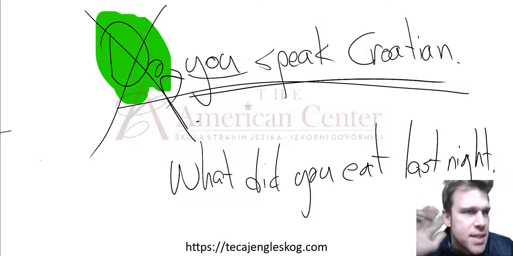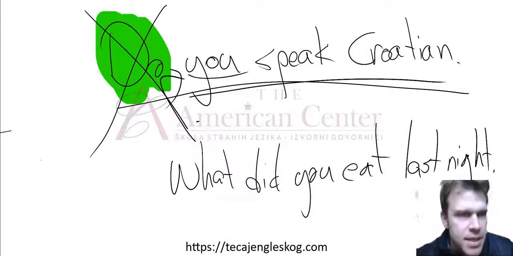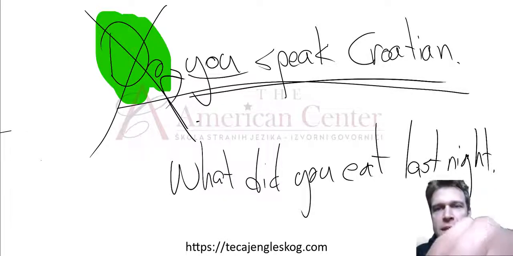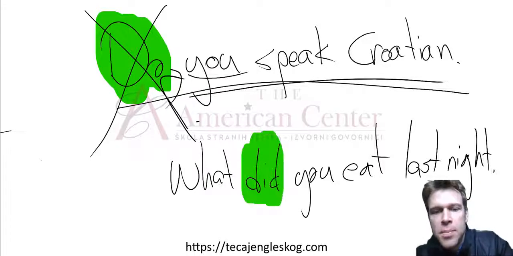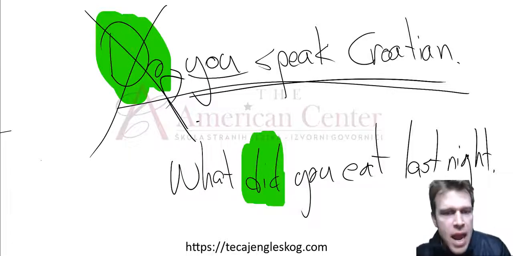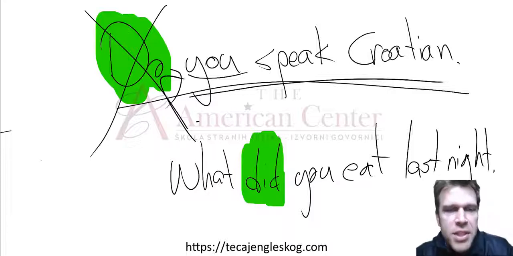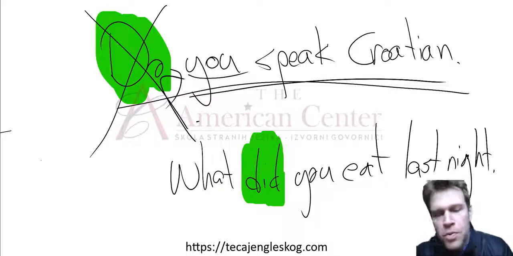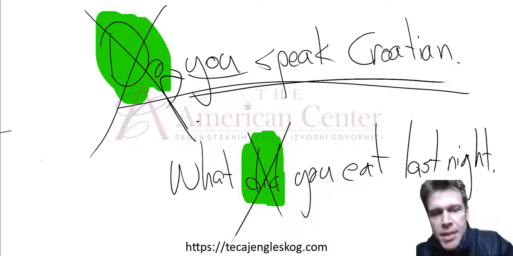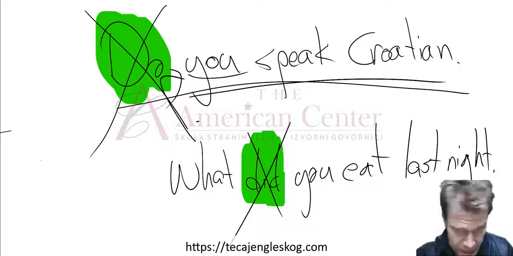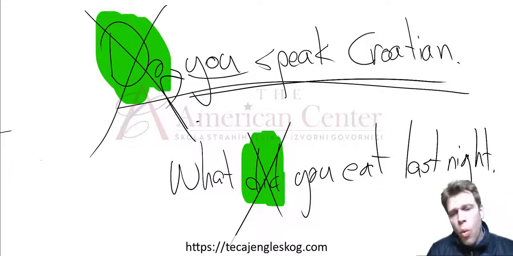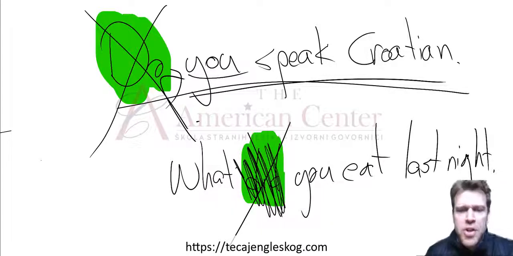Now, first of all, what tense is this? Yes, you're exactly right. It's past simple. We see the helping verb there. Now, the first thing we're going to do is we're going to eliminate this helping verb did. Now, once we eliminate this verb, it's out of the picture.